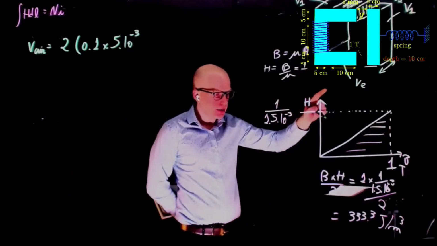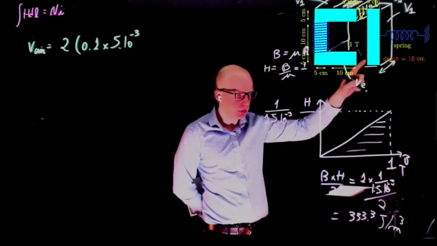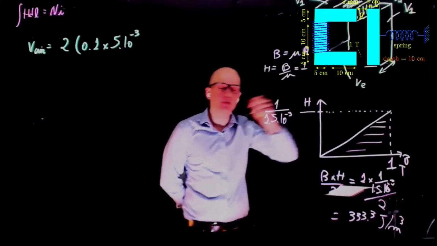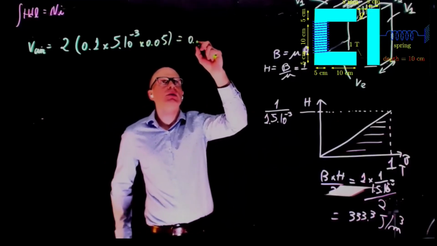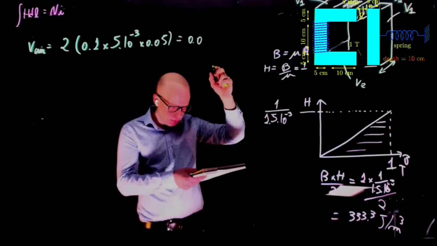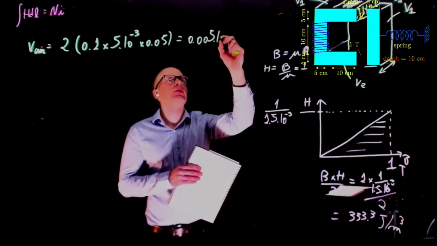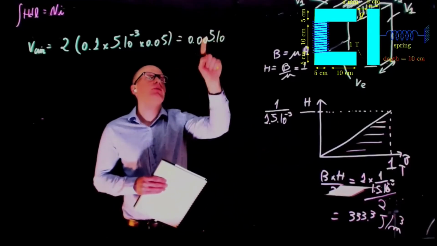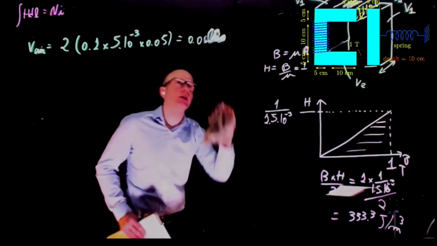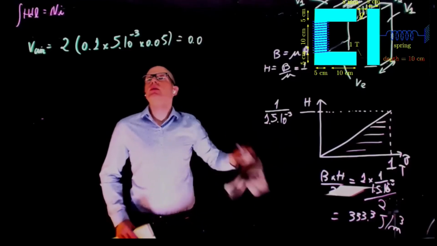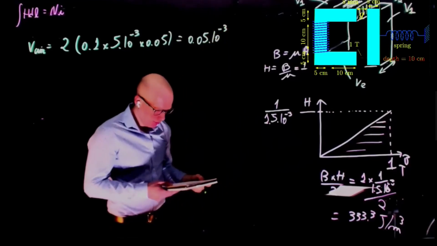And then times 10 again, times 2 because of the 2 air gaps. So this is 0.05 times 10 to the power of -3. I remember that this needs to be given in meters, not millimeters.